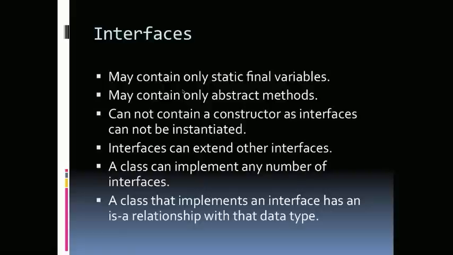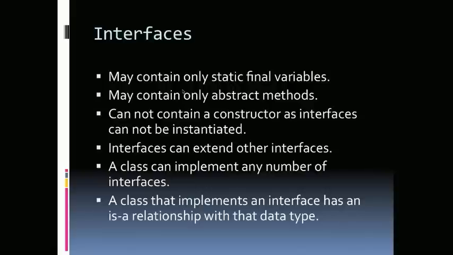And this is one way that people often say that Java gets around this idea of single inheritance, because when you implement an interface, you are that data type. In other words, a class that implements an interface has an is-a relationship with that interface. Normally we can say that a cat is an animal. Well, a cat in that case really is only two data types.